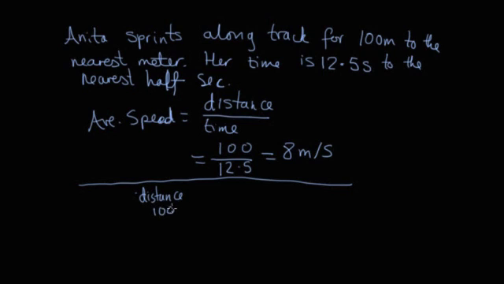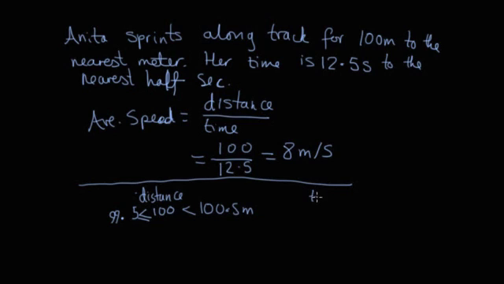So the distance, 100 meters to the nearest meter, could be 99.5 meters as the lower limit, and the upper limit 100.5 meters. So again, 99.5 would be rounded up, 100.5 would be rounded down.